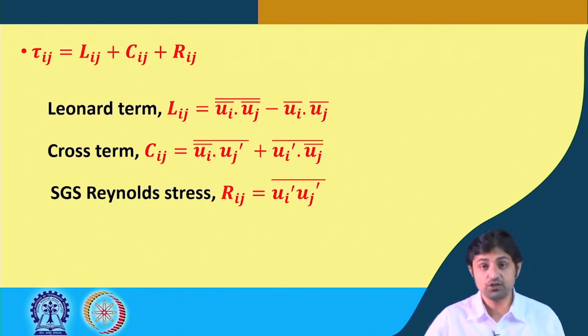The basic idea of LES, where we studied that we basically use the filtering function to model the large eddies, whereas subgrid scale modeling is used to model the smaller eddies. So information like this, the different terms, Leonard term, cross term, SGS Reynolds stresses and things like that have been covered in the turbulence modeling part.